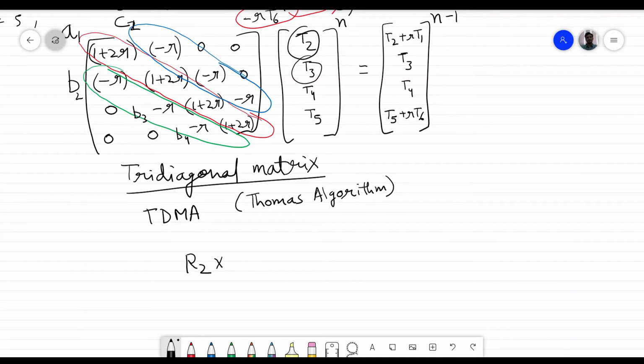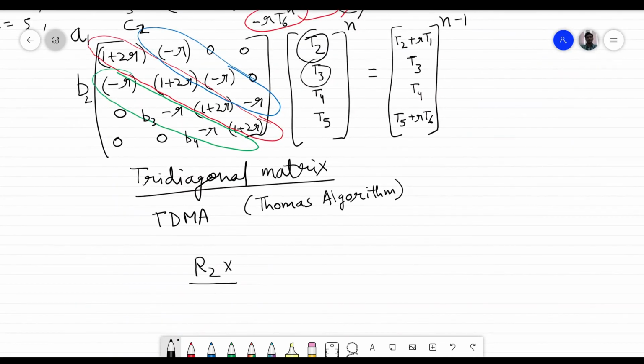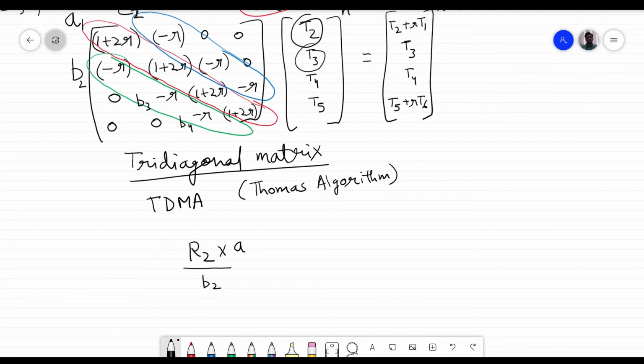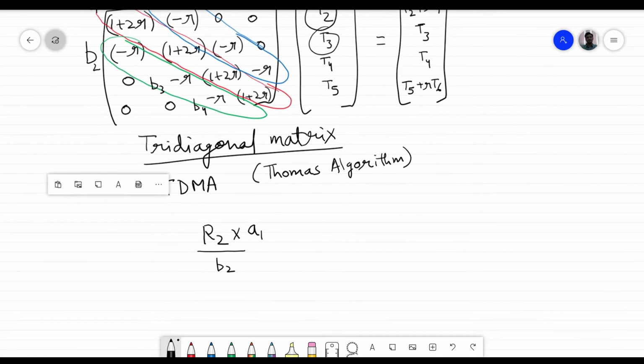So row 2 divided by B2 and multiplied by A1, that will make the first element equal to A1. Now if we do this and then subtract this by row 1, your first element in row 2 will be eliminated.